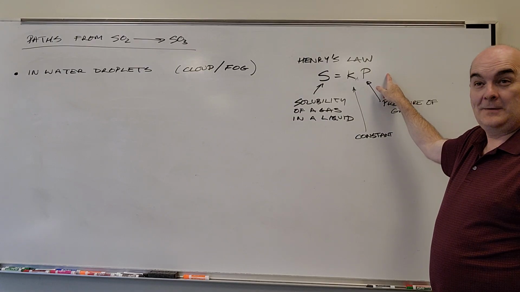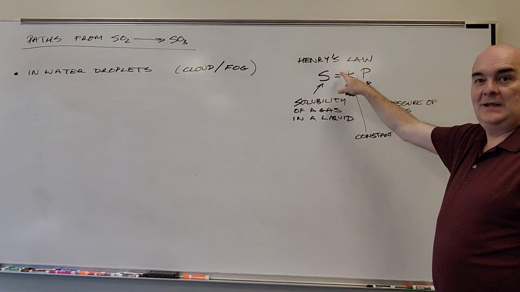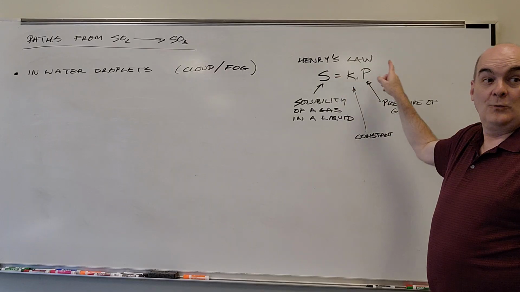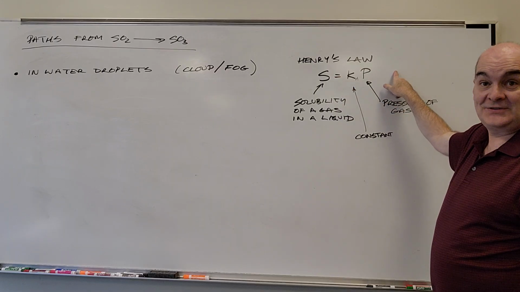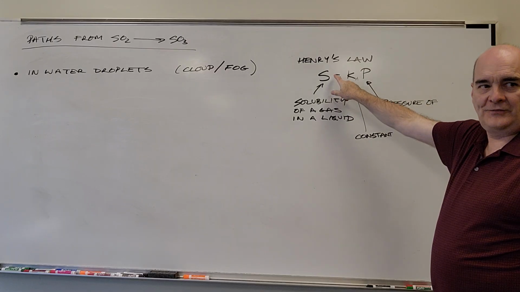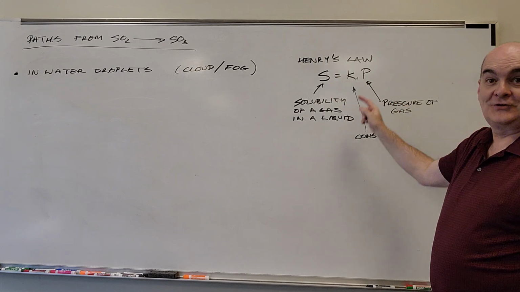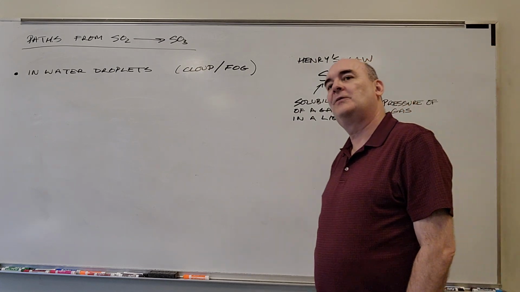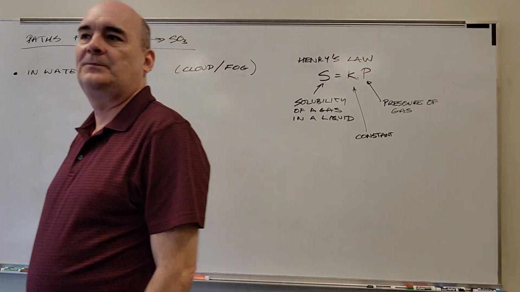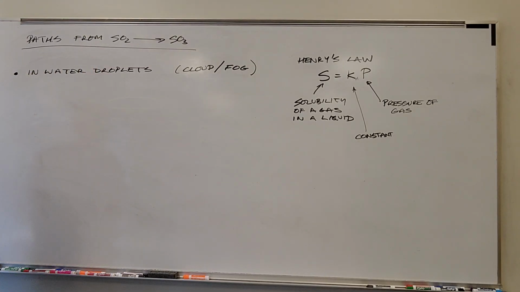Let's say that the other way. Cause, effect. When you provide me with more gas, I will dissolve more gas. The solubility goes up when you provide the liquid with more gas. Okay? That's Henry's law.